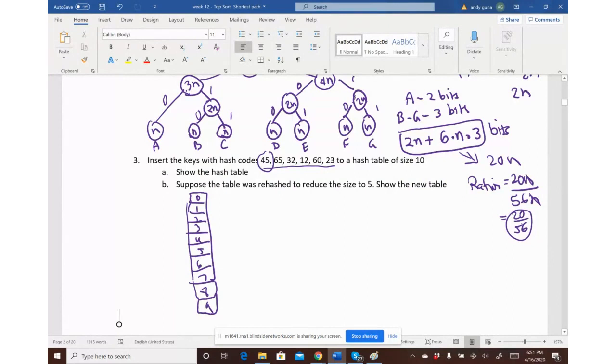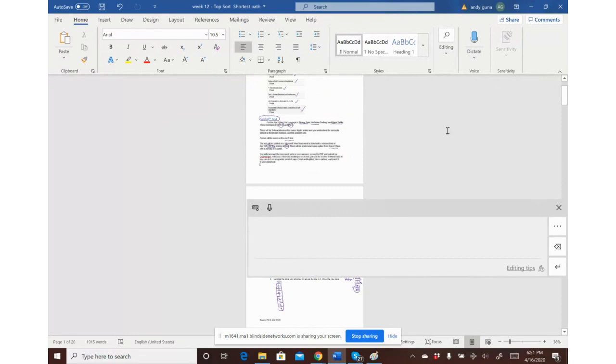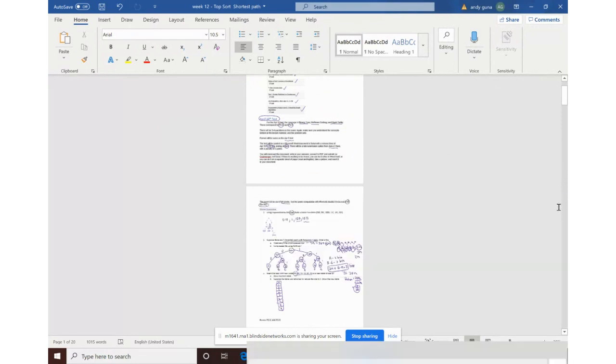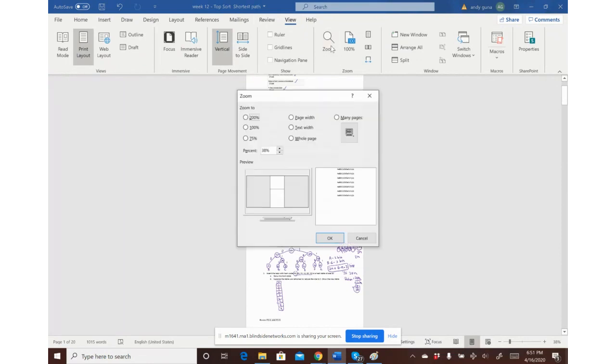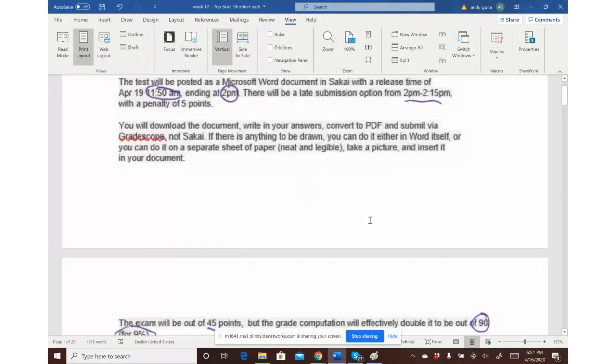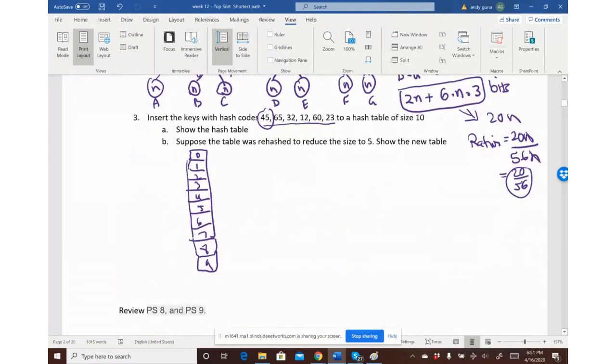Okay, 5, because you take the mod 10. I apologize, it's very sensitive to touch here, so let me just go back to the page width. All right, so 45 goes into 5.